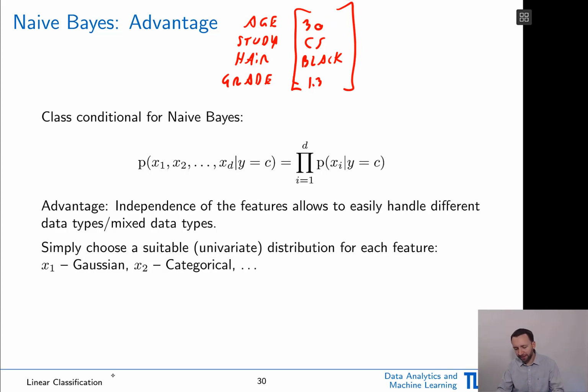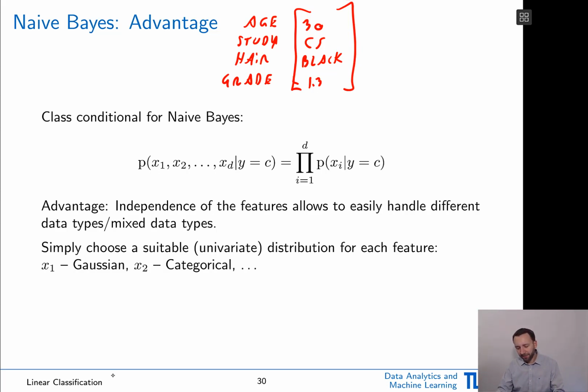Or we might have a categorical distribution, like your study program. It could be computer science, biology, or something else, so a discrete domain. We could then use a categorical distribution for the second feature, and again a categorical distribution for the third one. The grade might again be numerical, but it does not go to infinity, it is just between 1 and 5, for example.